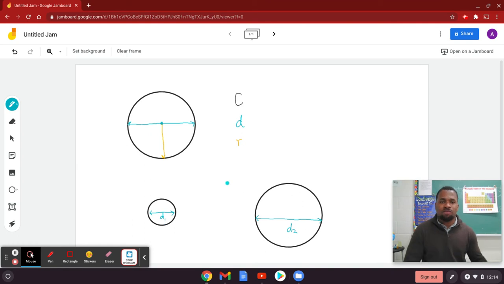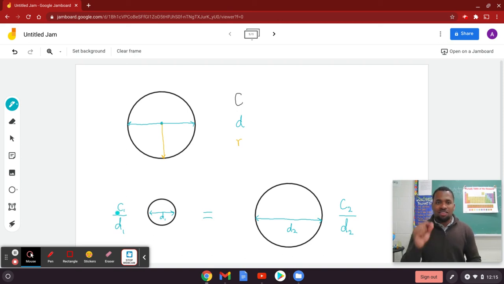No matter the size of the circle, with respect to the diameter, for this circle the circumference is C1 and the ratio between C1 and D1, versus this circle whose circumference is C2 and diameter is D2, we can conclude they have the same ratios.